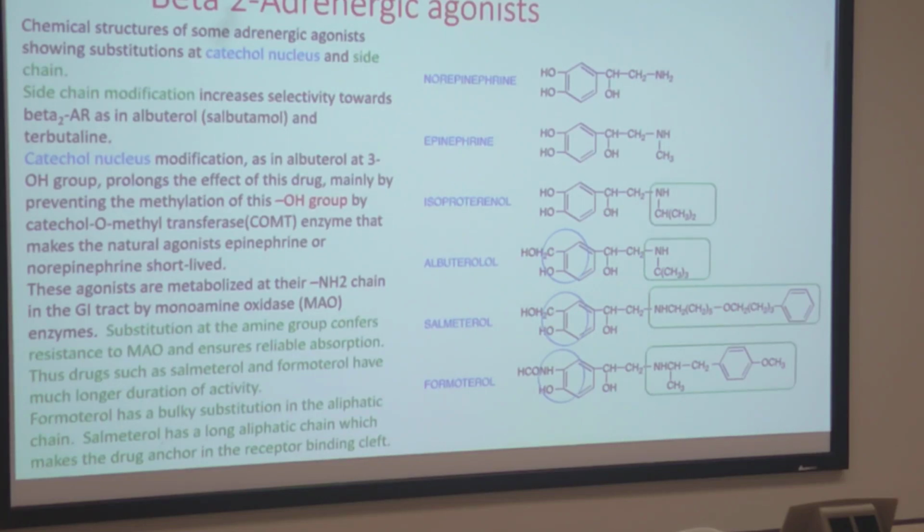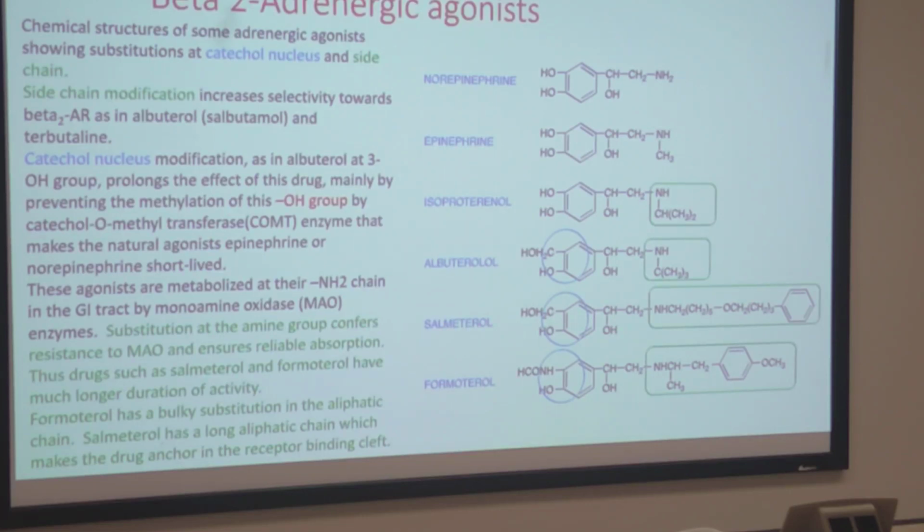What is that enzyme? It is a transferase, catechol O-methyl transferase. I'm sure you have heard about this enzyme, COMT. This enzyme converts the hydroxyl group here. Therefore, the compound loses its potency, its ability to bind to beta-adrenergic receptors.